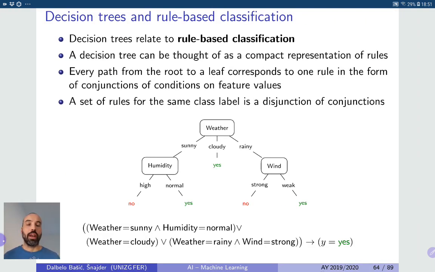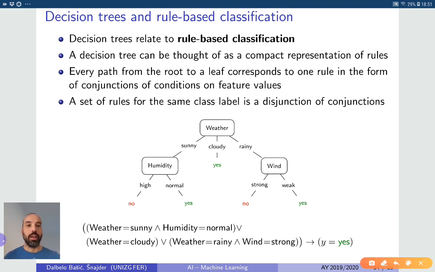Before we actually look into that, let me just say that decision trees relate to what we call rule-based classification, because a decision tree can be thought of as a very compact representation of rules, in which every path from root to the leaf corresponds to one rule in the form of conjunctions of conditions on feature values.